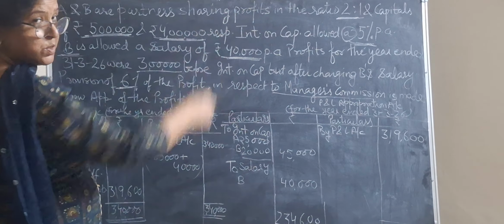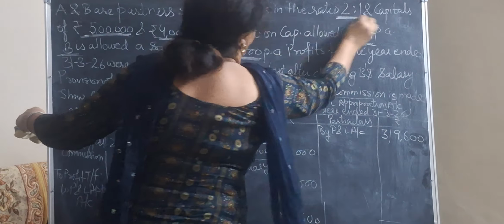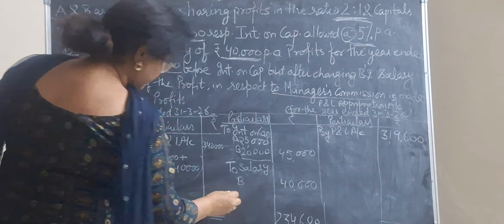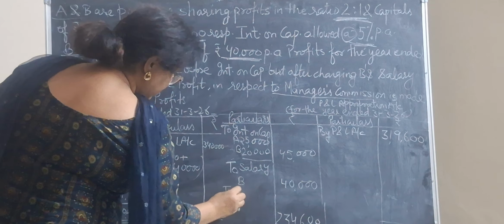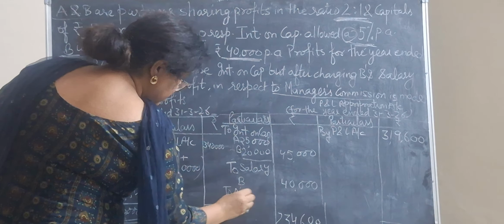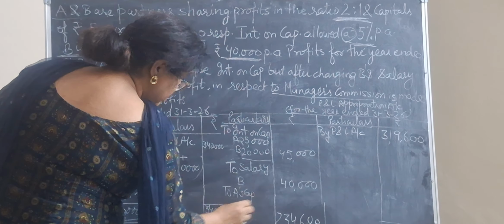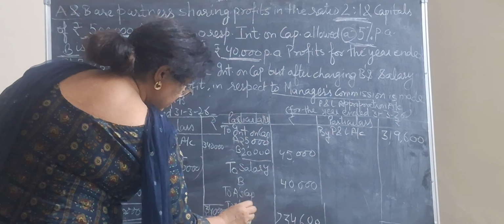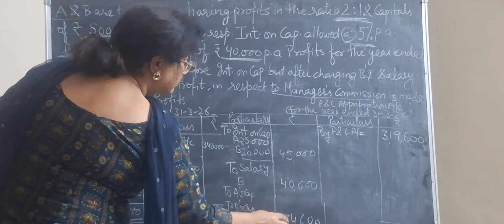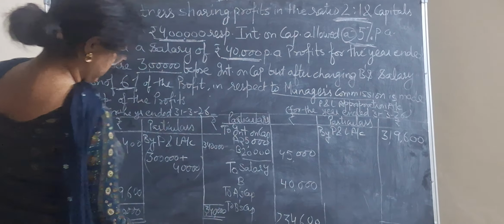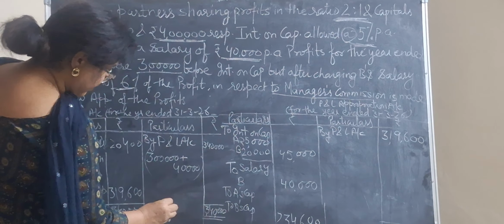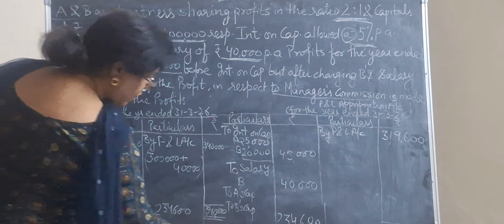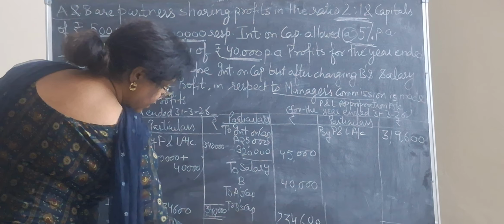In the ratio of 2:1. So what will we write here? To A's capital account and to B's capital account. This 2,34,600 is divided in the ratio of 2:1.